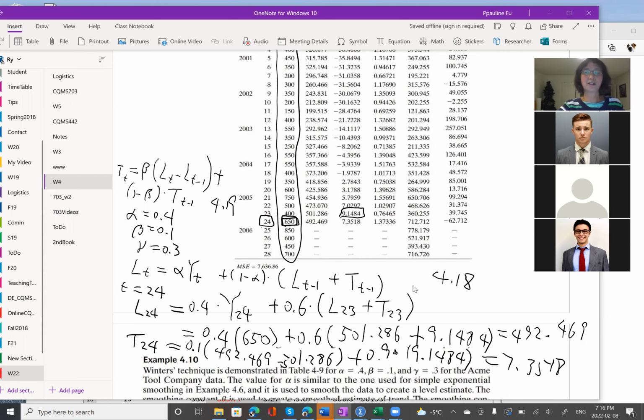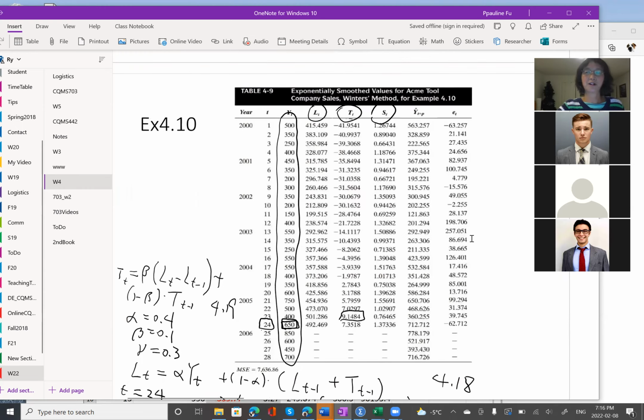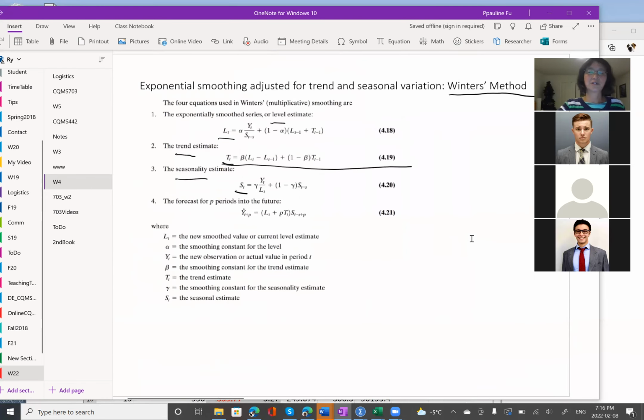By the same token, you can calculate S24. So this is LT. This is S. S represents seasonality. How do I calculate S? Use formula 4.20.